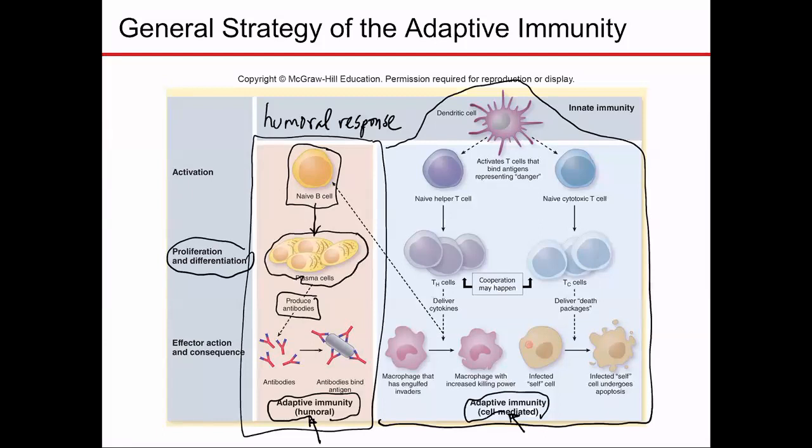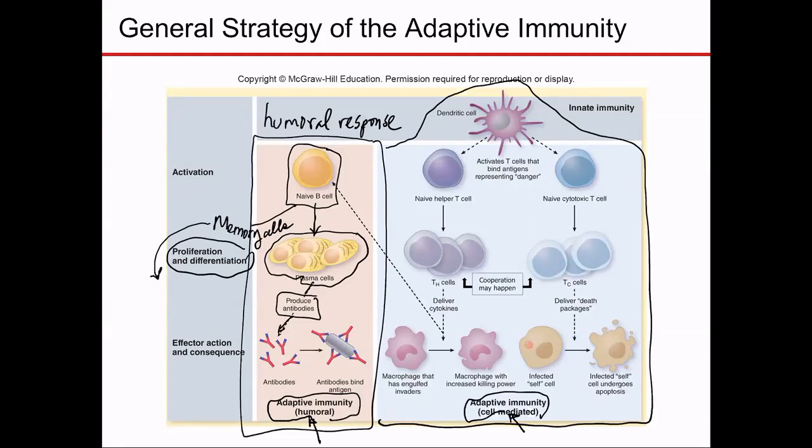Plasma cells are B cells that are now able to produce and secrete antibodies. But also in that process of proliferation and differentiation, they may differentiate into memory cells. Memory cells that now, in a future encounter, will be able to quickly switch to plasma cells to produce antibodies.